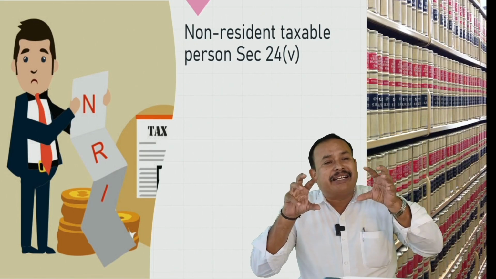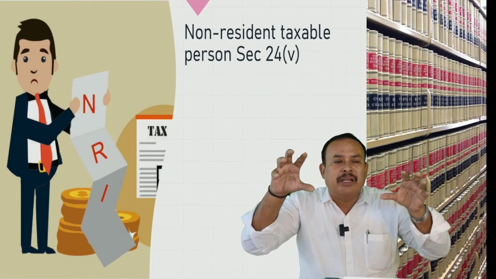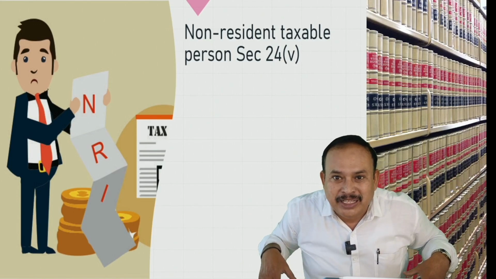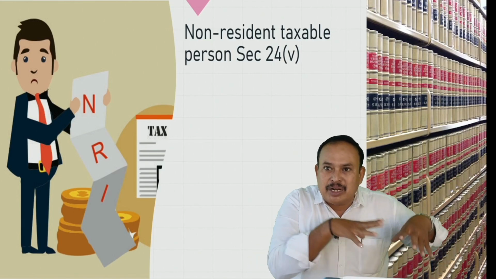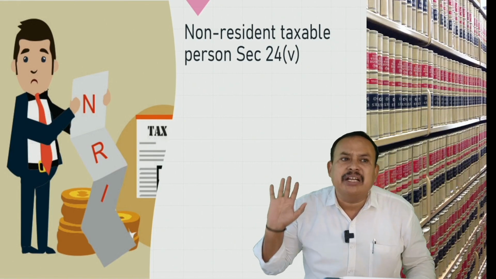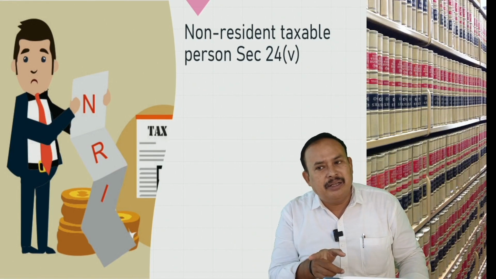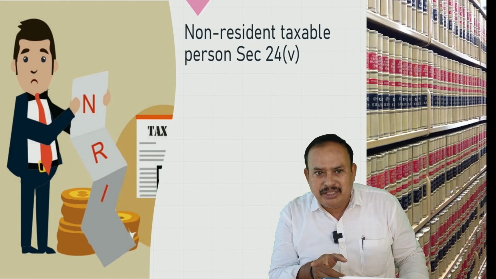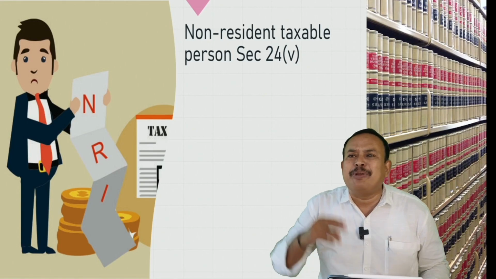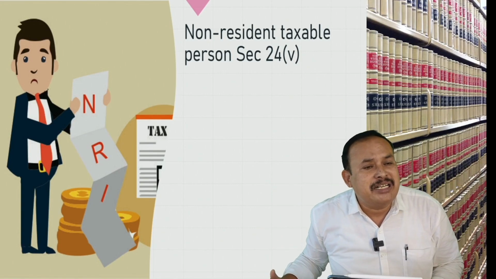Exact difference between the casual taxable person and NRTP: a casual taxable person, CTP, is from India, belongs to one state, coming to another state. Whereas NRTP is from outside India, coming to India. Get my point?